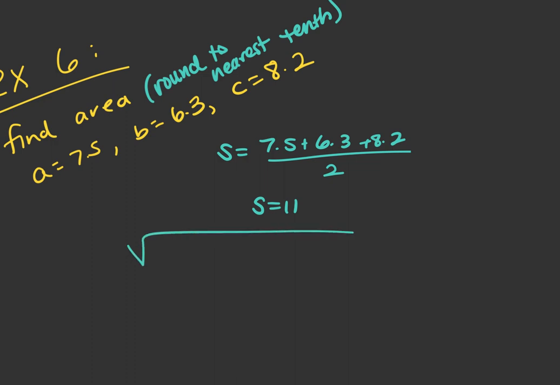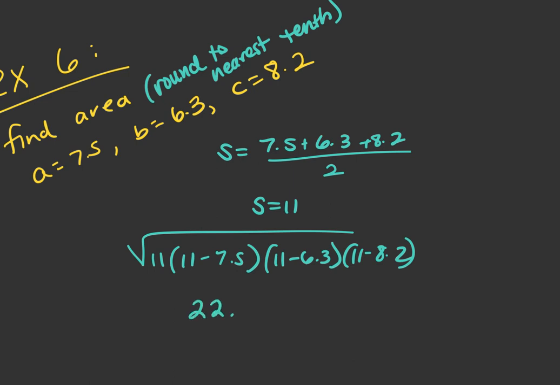And then I would do the square root of 11 times 11 minus 7.5 times 11 minus 6.3 times 11 minus 8.2. And I get 22.509. So 22.5, if it had a unit, it would be units squared.